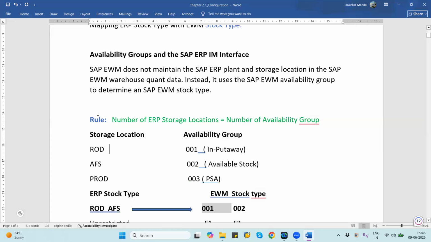Sir, for AFS, is the material there after packing, or do we keep that material in AFS itself? AFS means your stock is in the final bin, and before that it will be in ROD.